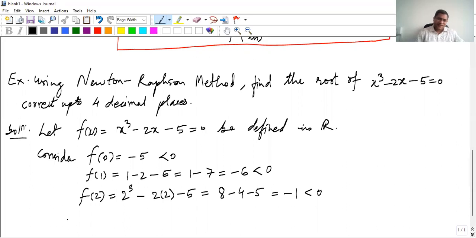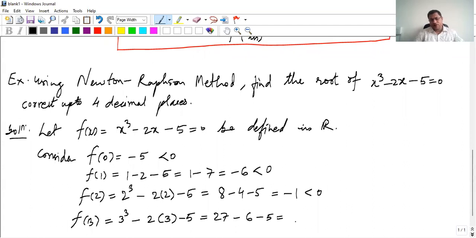Now f of 3: 3 cube minus 2 into 3 minus 5, so what we get is 27 minus 6 minus 5, that is 16. Is it less than 0 or greater than 0? Greater than 0, definitely.